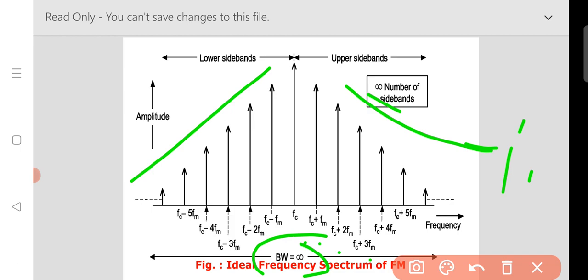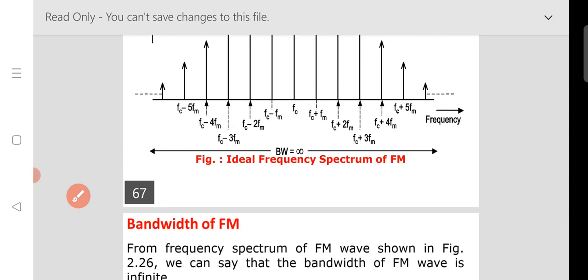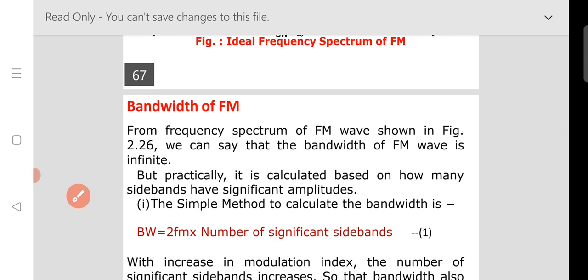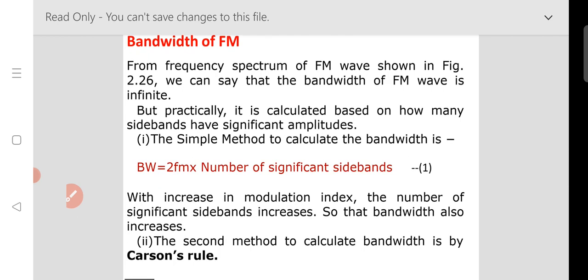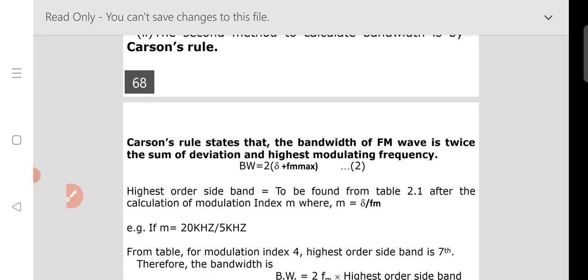Depending on the number of side bands we use, we can say the bandwidth of the FM. For the narrow band and wide band, we can't simply tell; it depends upon the side bands. For the narrow band we somehow told.